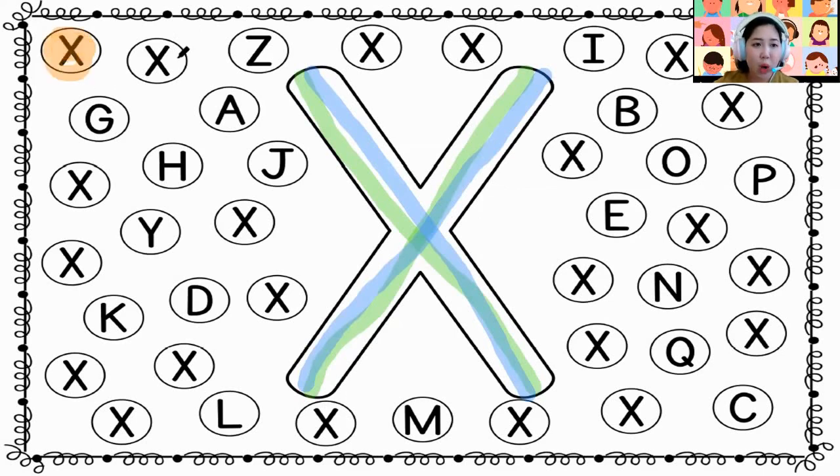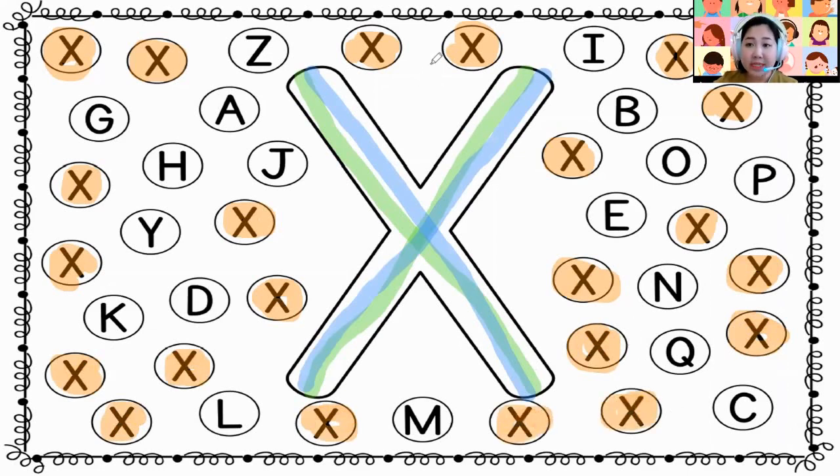Now it's time for us to look for all of the letter X. So we have 1, 2, 3, count with me, 4, 5, 6, 7, 8, 9, 10, 11, 12, 13, 14, 15, 16, 17, 18, 19, 20, 21, 22.